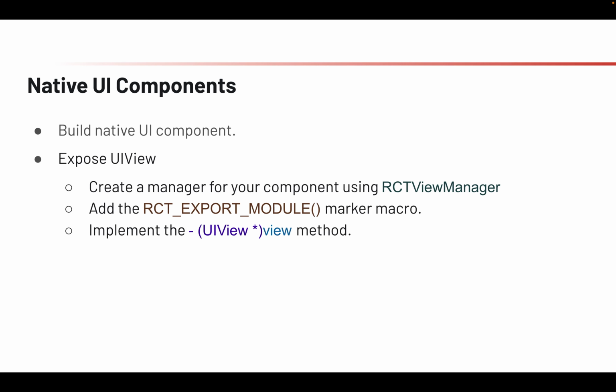In iOS we have the UIView class that exposes the view component. All UI components derive from it, meaning the base class is UIView. To expose that native UI component we have to create one manager, so I am creating one RCTViewManager.